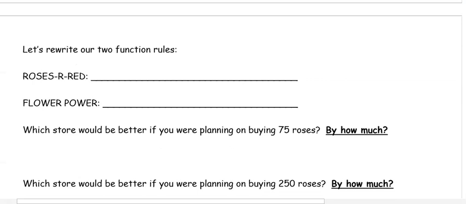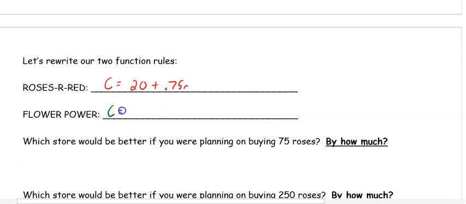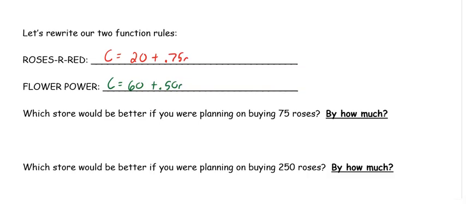So let's rewrite our two function rules. So for Roses Are Red, remember we said that the cost is equal to $20 plus 0.75 R. And for Flower Power, our cost is equal to 60 plus 0.50 R. So let's look at which store would give us the better value if we were buying 75 roses.